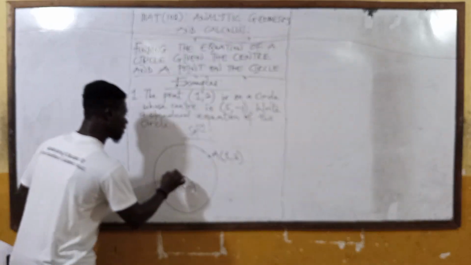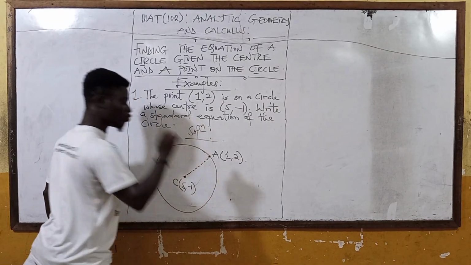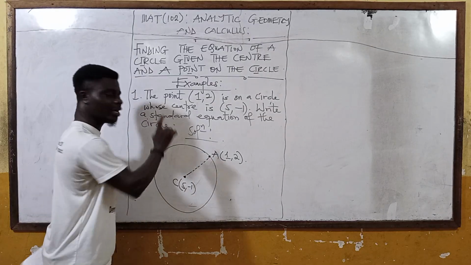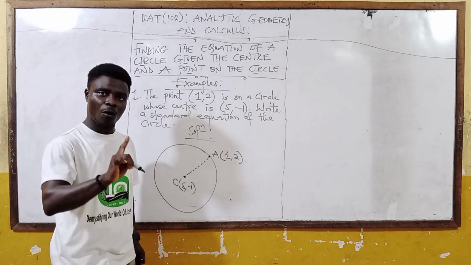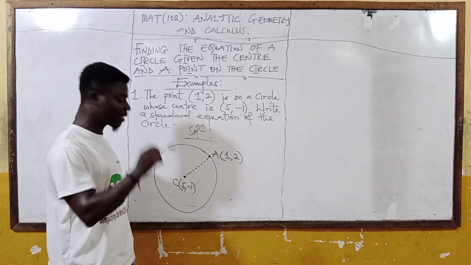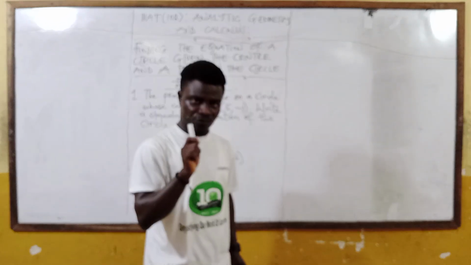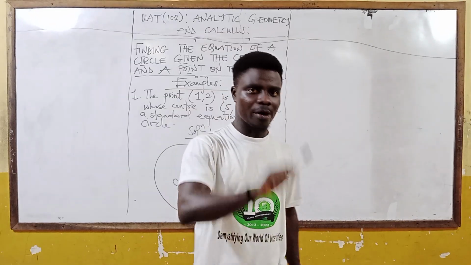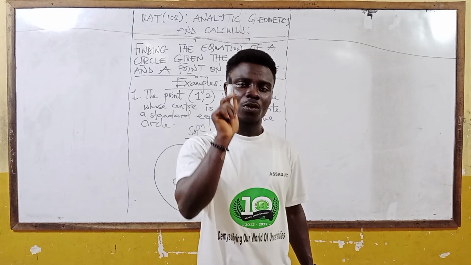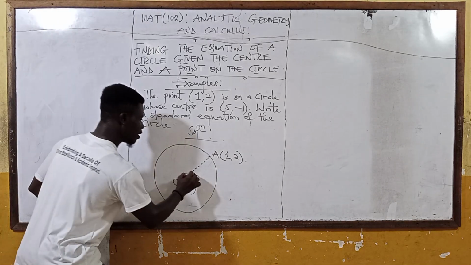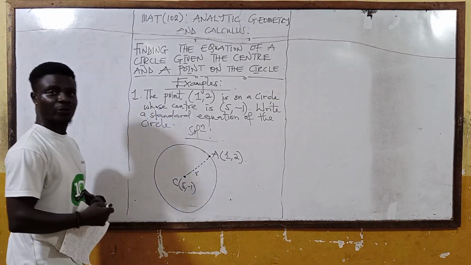The radius is a line drawn from the center to touch any point on the circumference of a circle. So we have this line as the radius.